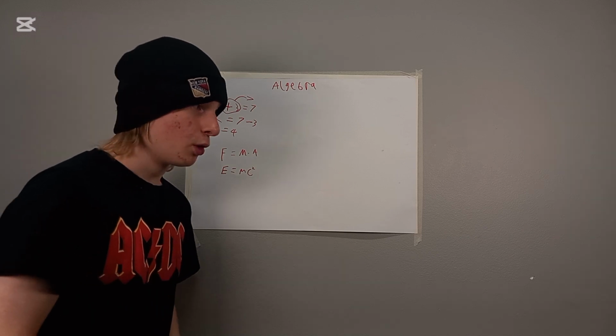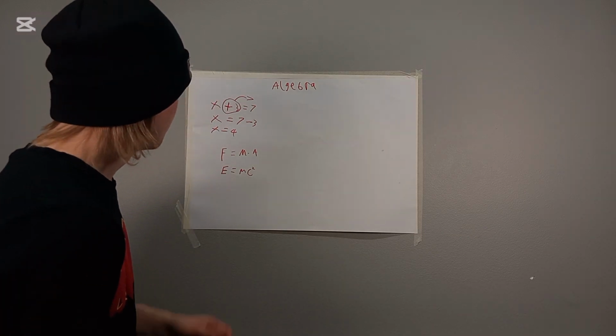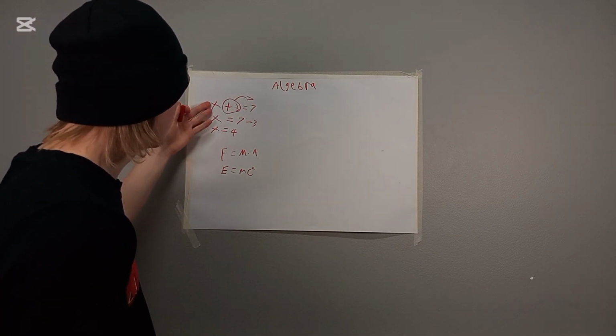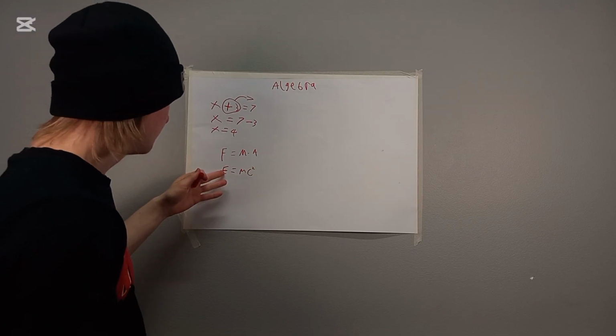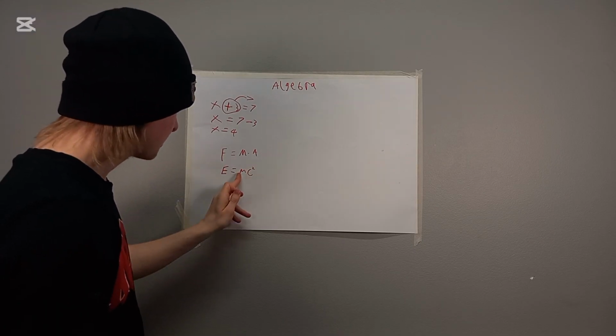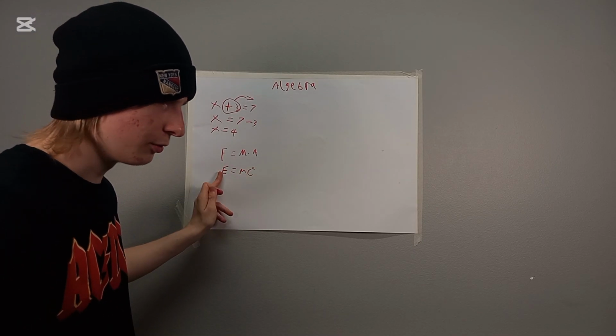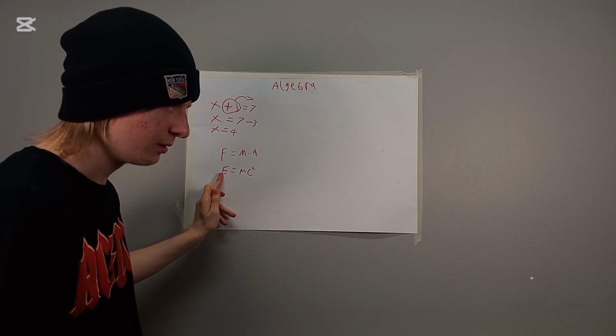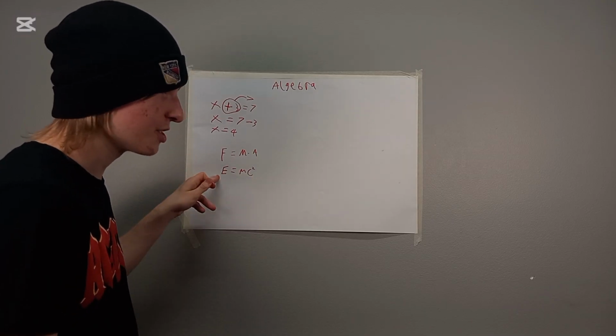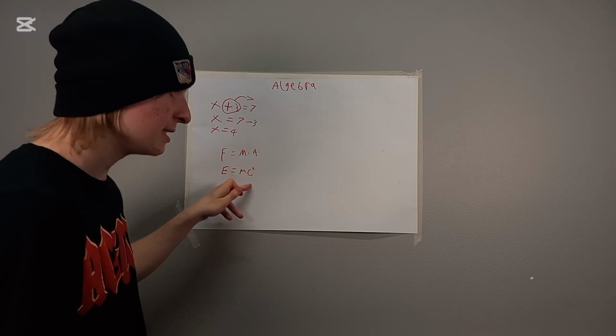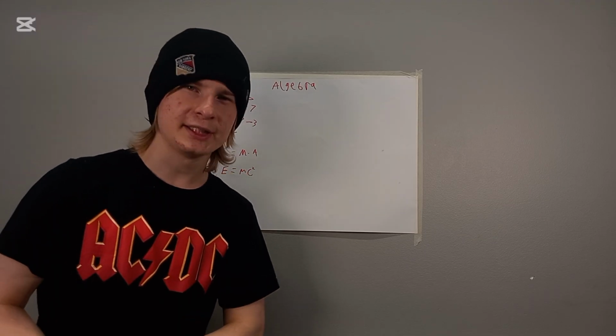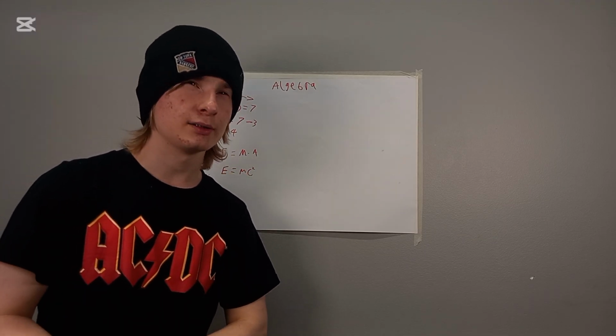We mostly use algebra just to know the unknown, which in this case is x, and here it's energy. Well, we need mass to get the energy. And the c, it was something to do with light years. Well, speed of light, something like that.